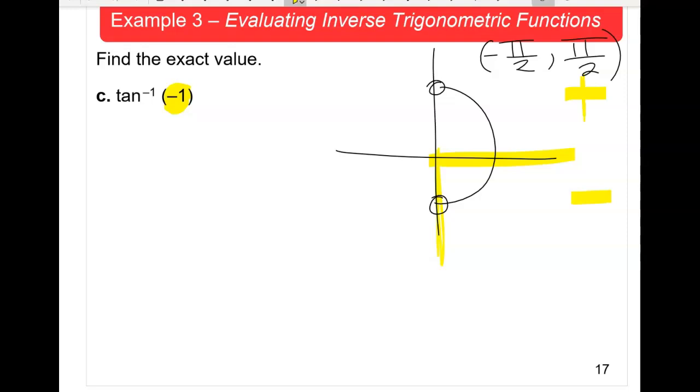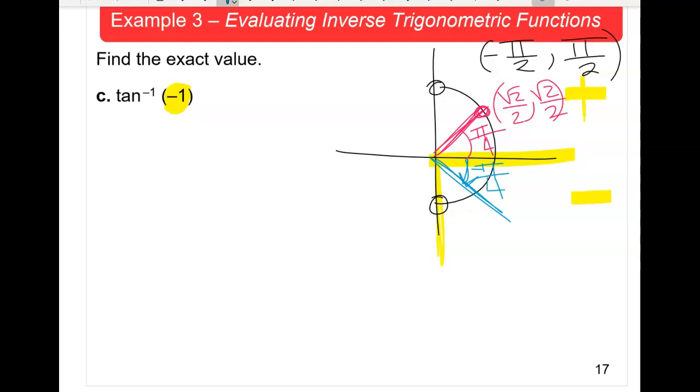Now, I remember I said previously that at π/4, the sine and the cosine are the same, right? They're square root of 2 over 2, square root of 2 over 2. And this is at π/4. So what will happen in the negative direction? A negative angle. So that will be the angle -π/4.